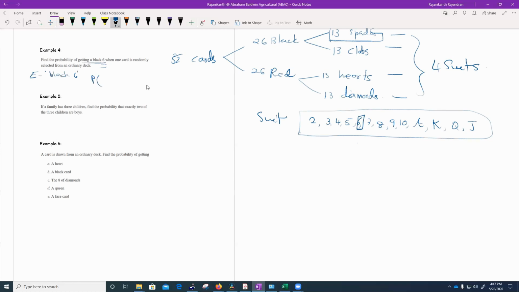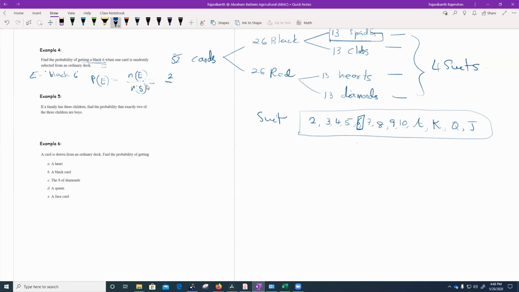Therefore, the probability of E, the formula says, is nothing but n(E) over n(S), the number of possible outcomes in event E over the number of outcomes in the sample space. My event E is, remember, getting a black 6. There are two of them, one from spade and one from club. So there are two out of the total number of outcomes in your sample space.